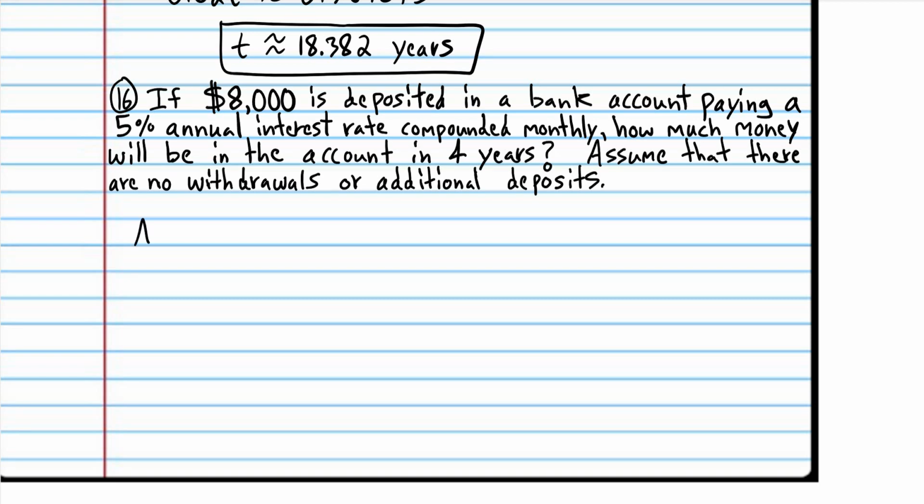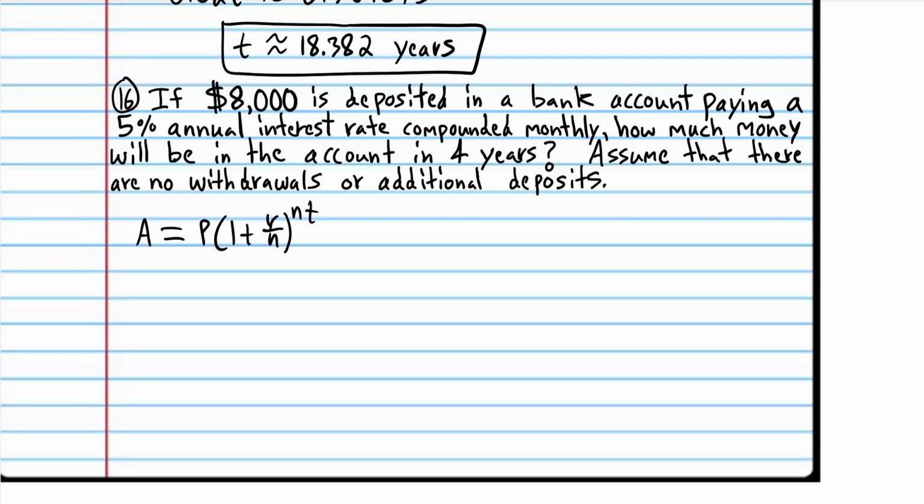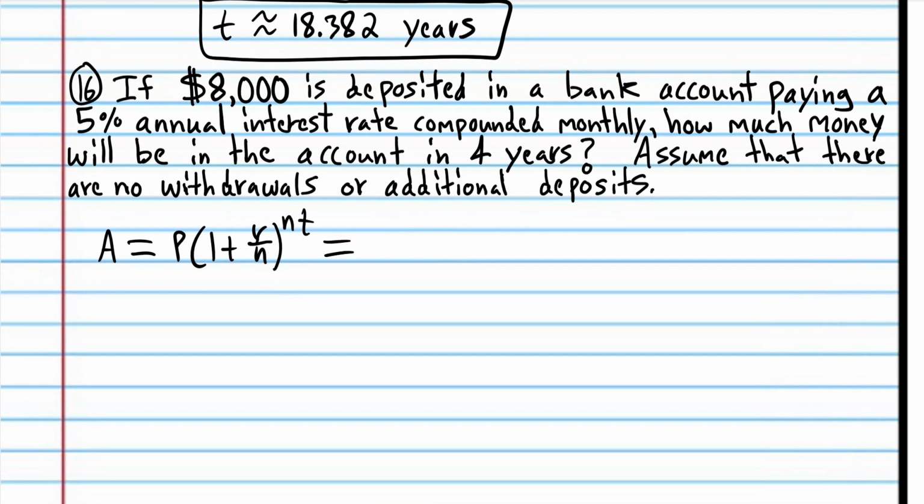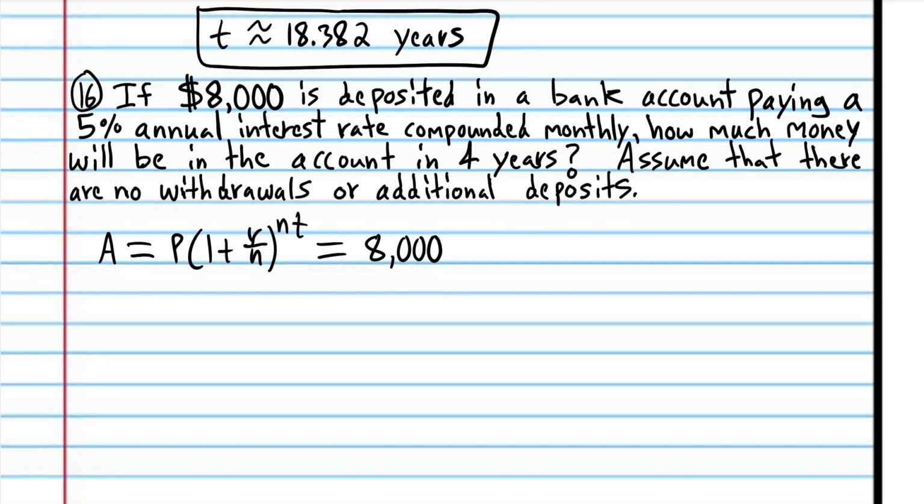Okay, we're back. So the amount of money in an account is equal to the original amount that you invested times 1 plus the interest rate written in decimal form divided by the number of times you're compounding per year, to the number of times you're compounding per year times the amount of time in years that the money's in the account. So the principal, the amount you invest, is $8,000, and the rate is 0.05 in decimal form, and it's compounded per month, so that's 12 times per year.